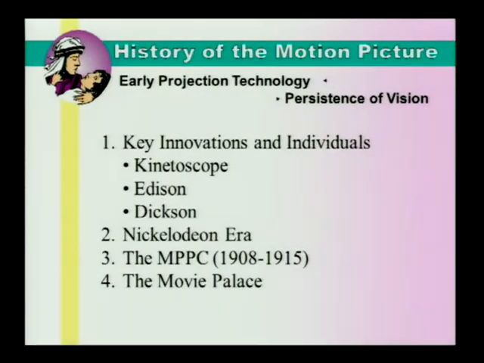Okay, moving on. The history of the motion picture, the early projection technology, as well as the theory, the concept behind it, which is persistence of vision: that a series of still photographs moving in that film chain creates the illusion of movement.